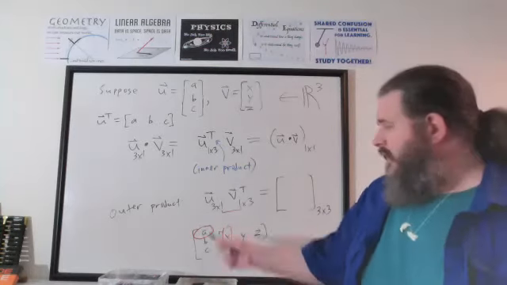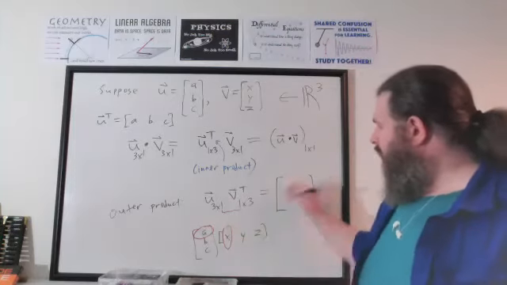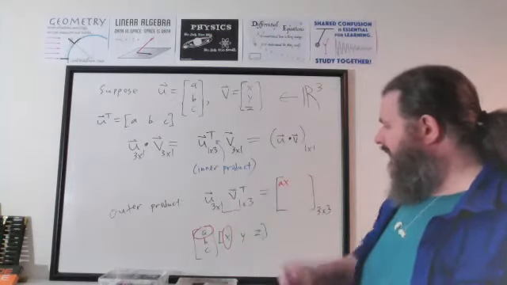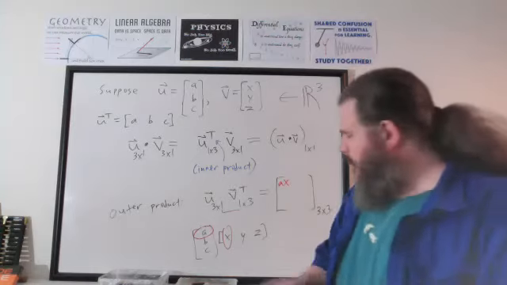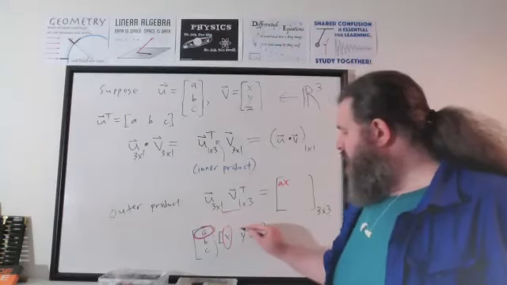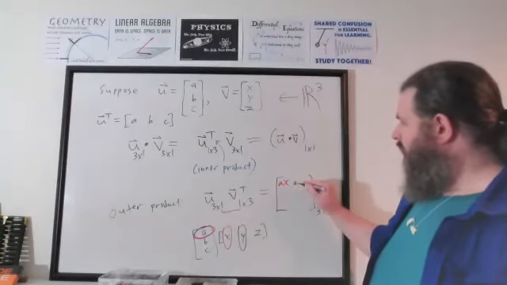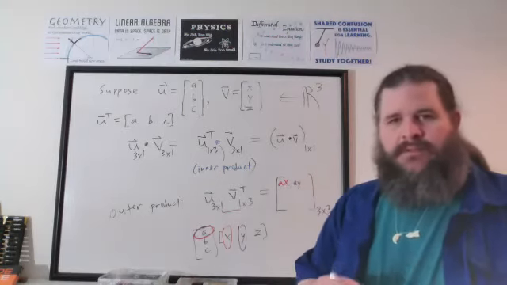There's no addition involved here. It'll just be A times X. So top row, left column is going to be AX. And then if we take a look at, for instance, the top row, second column, A times Y. So the top row, second column is going to be AY.